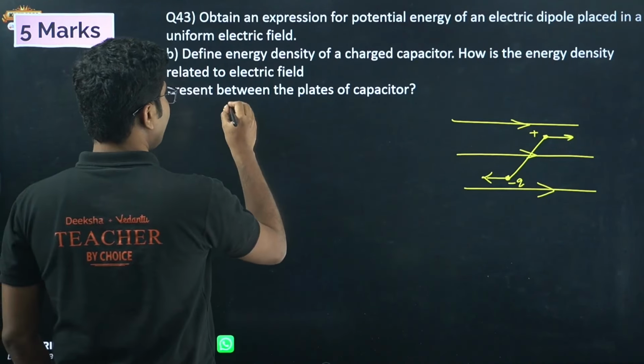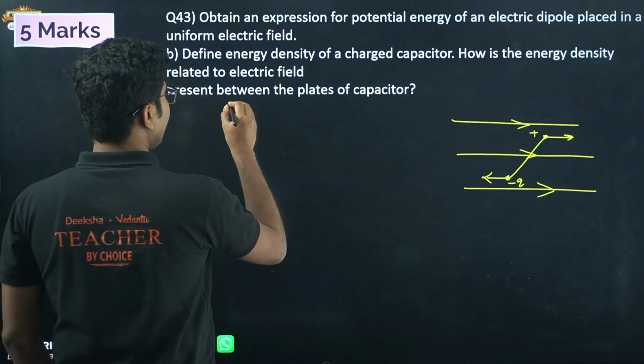We have already done the derivation, right? And what is the expression for the torque? It's very essential to remember the expression for the torque. PE sine theta is the torque that is experienced by this dipole.